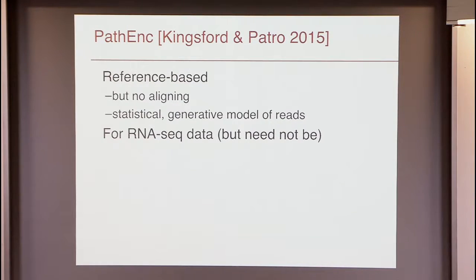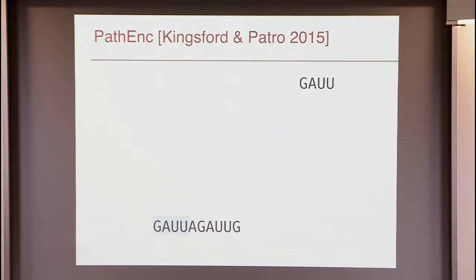So I'm just going to walk through a little example of how it works. We're going to use an RNA alphabet here. We're going to again slide a little k-mer window along our sequence.